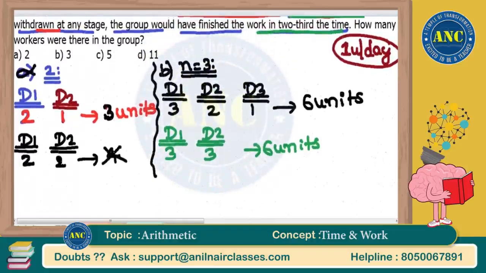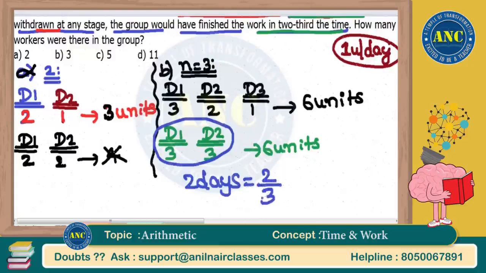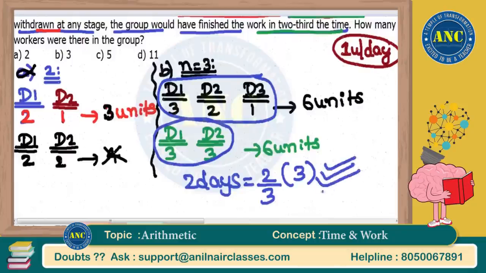Now can I say that these 2 days is nothing but 2/3 of the time which they have taken earlier as 3 days? Is 2 equal to 2/3 of 3? Definitely 2 is 2/3 of 3 because it is satisfying the condition given in the question. My assumption of 3 people is also right. The answer for this question is that the number of people initially was 3.